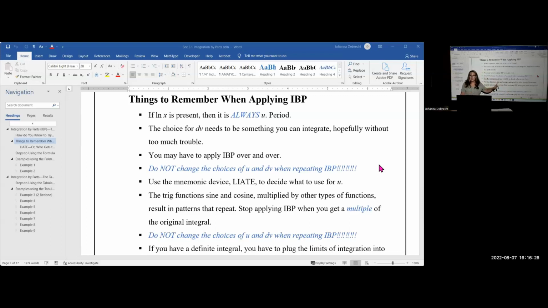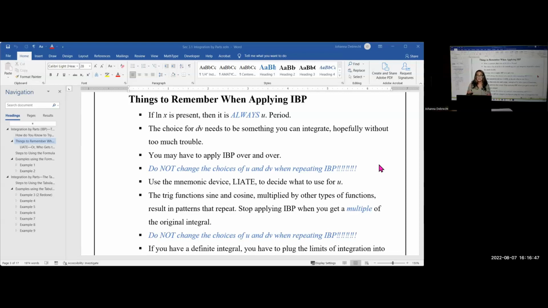Okay, why would they result in a pattern that repeats? Let's imagine that we take sine and let it be u. I take the derivative of sine, I get cosine. What if I have to do it again? If I take the derivative of cosine, I get negative sine. Hang on. I just got a multiple of what I started with.